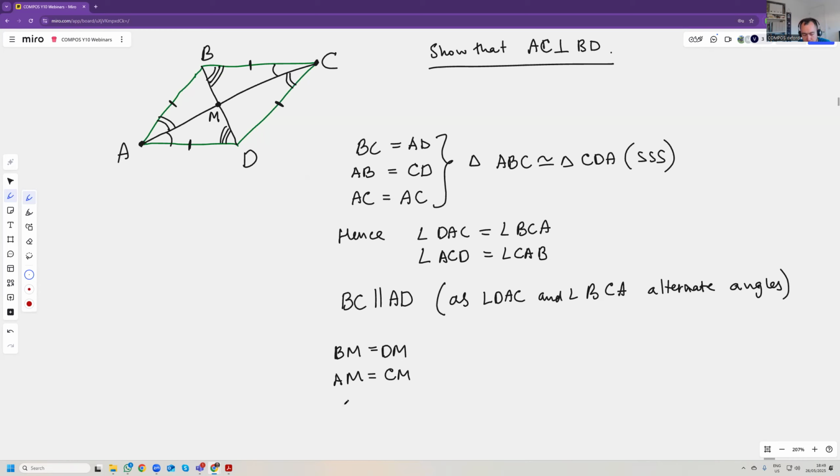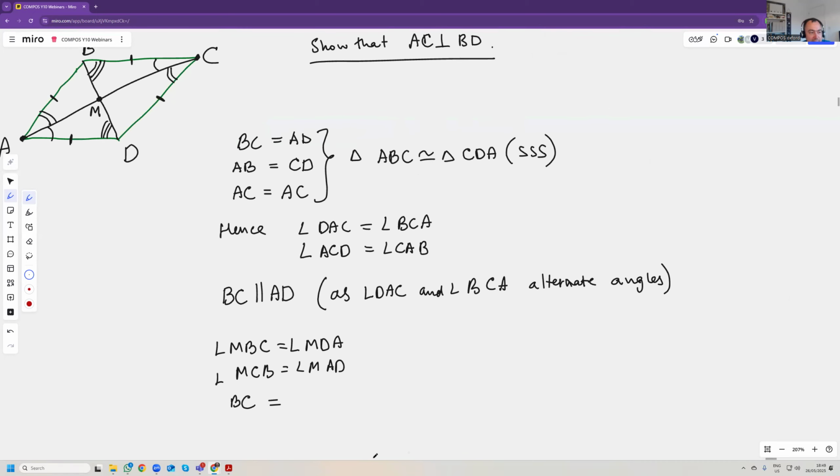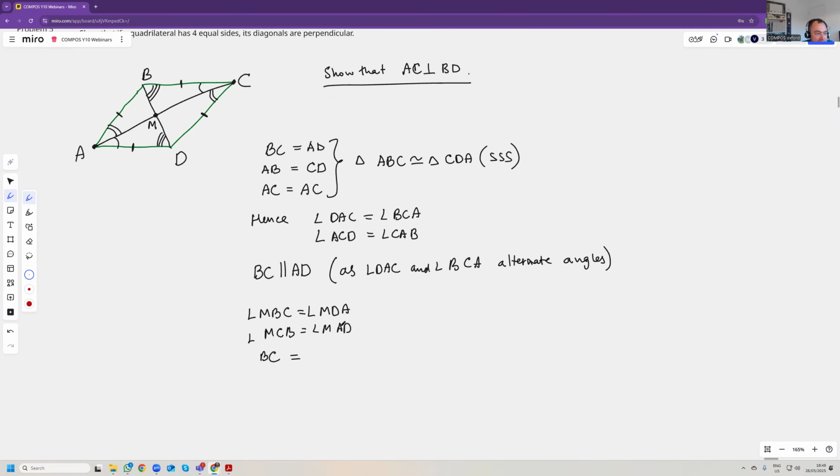Sorry, what am I doing? Apologies. Angle MBC is equal to angle MDA, and angle MCB is equal to angle MAD, and BC is equal to AD.